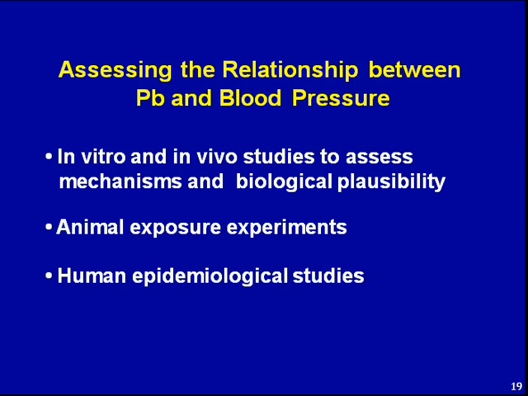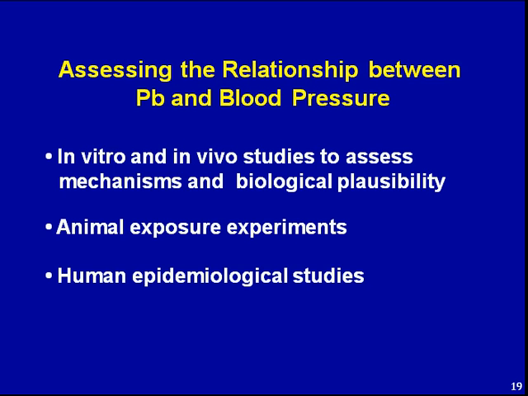So let's turn to some of the data that looks at the relationship between lead and hypertension. The data that has established this relationship really emerges from multiple lines of evidence.